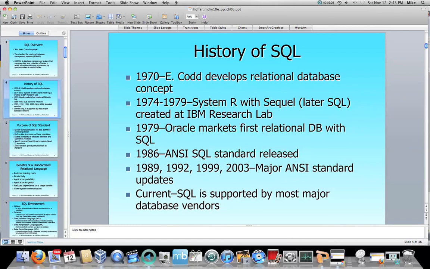You have to understand, back in the day, that computers were different than they are now. In the late 60s and early 70s, when Codd was developing his theories and his concepts, hard disk space was very, very expensive, and processors were very, very weak and slow, not nearly what they are today.